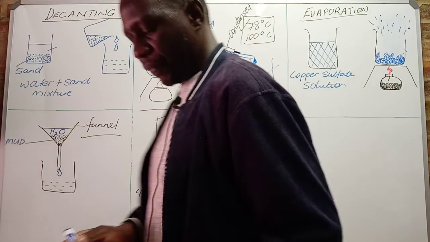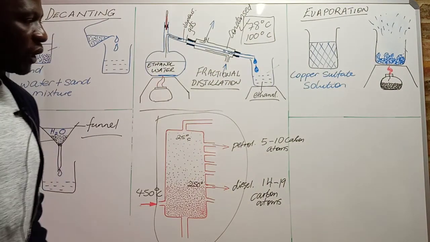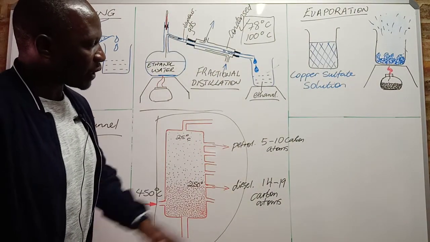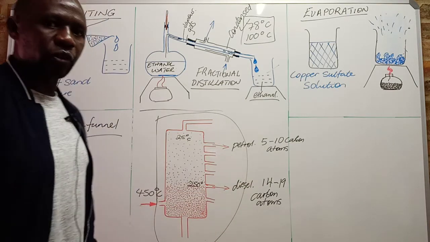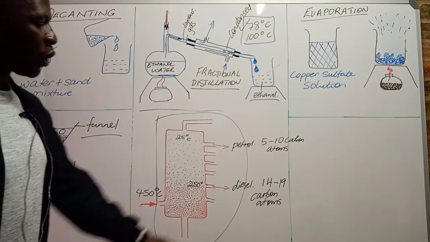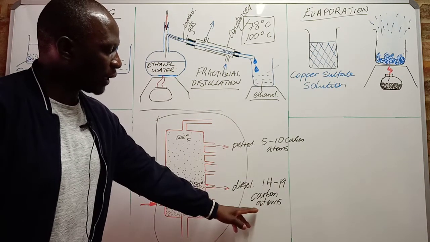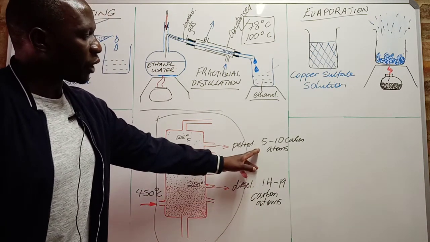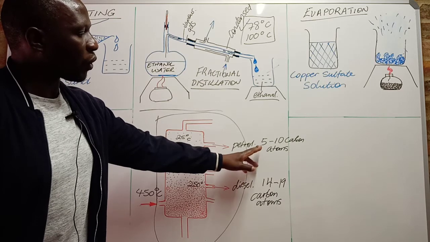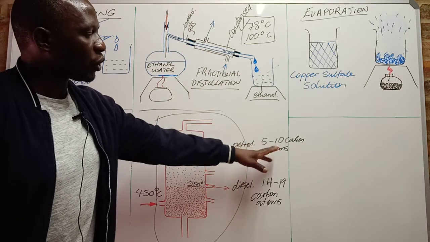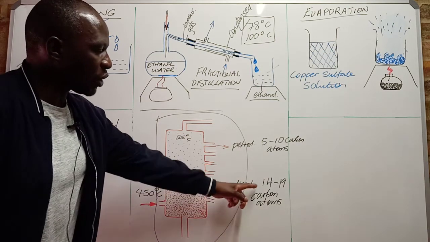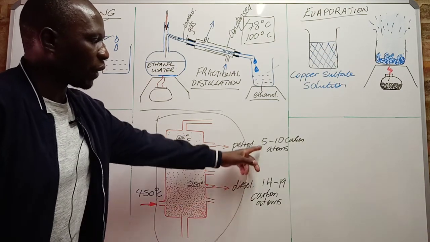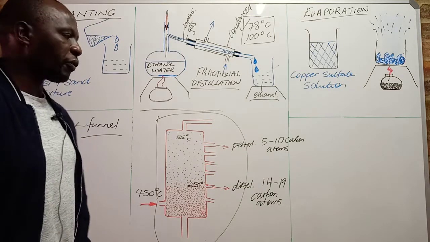Based on these two facts, diesel is heavier than petrol, because diesel contains 14 to 19 carbon atoms, and petrol molecules contain about 5 to 10 carbon atoms. So the density of diesel is more than the density of petrol.